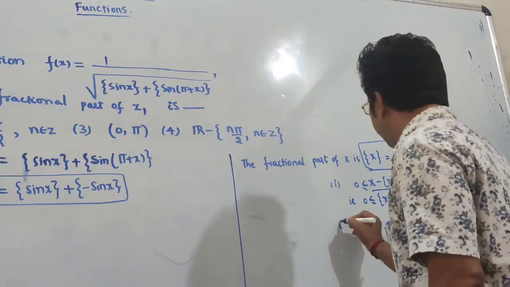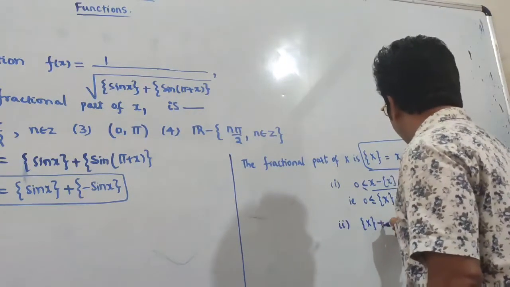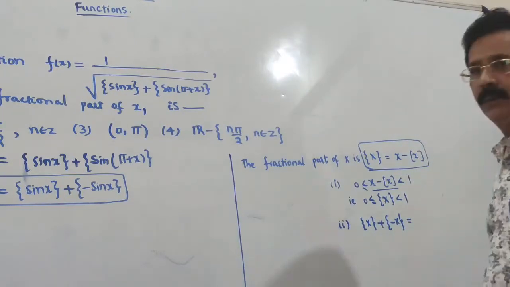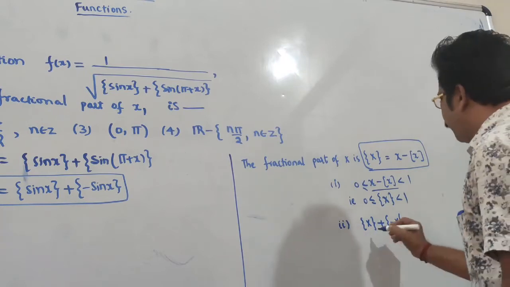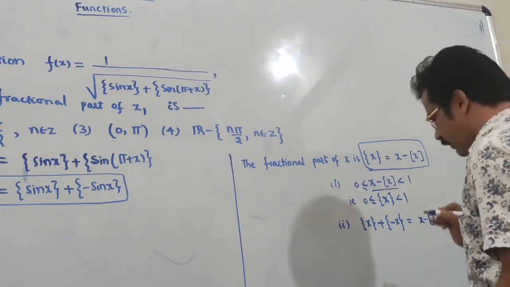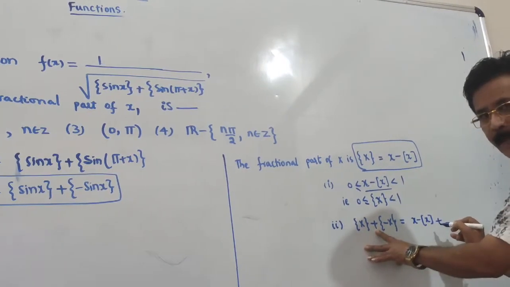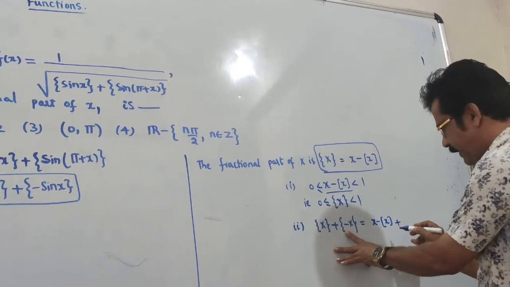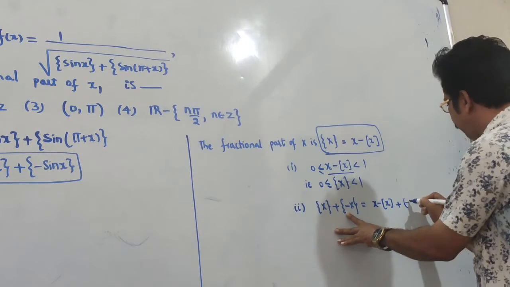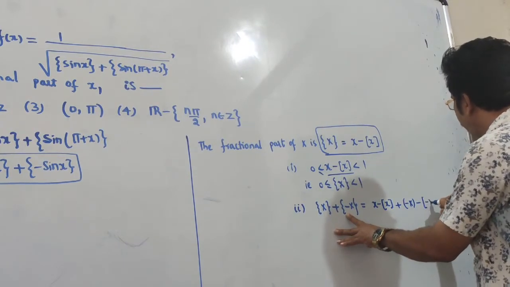Next, second one: the fractional part of x plus the fractional part of minus x is equal to, that means what? The fractional part of x means x minus floor of x. Next, plus, what is this? The fractional part of minus x means minus x minus floor of minus x.